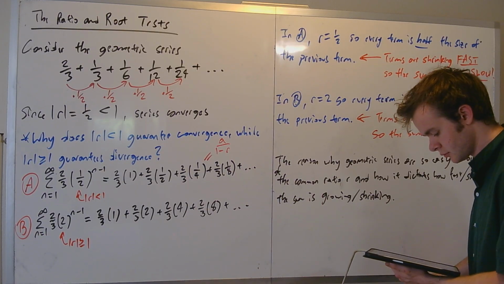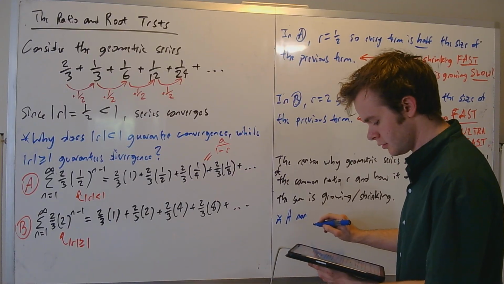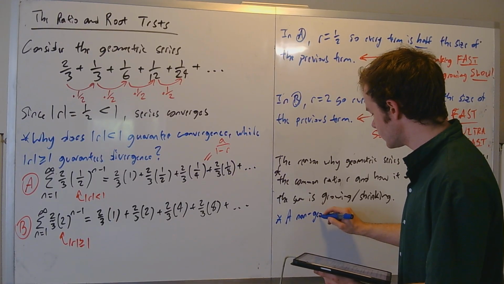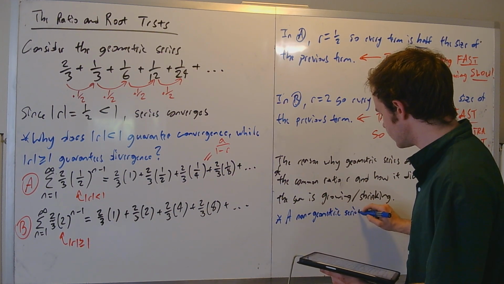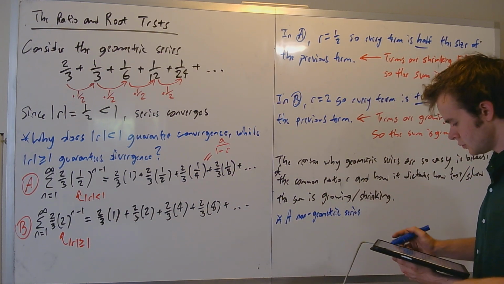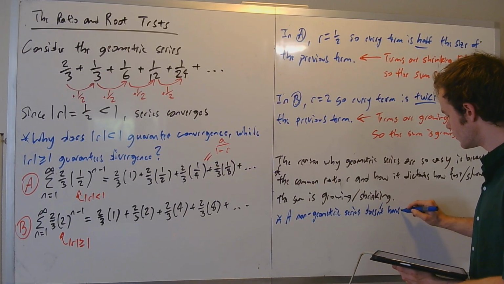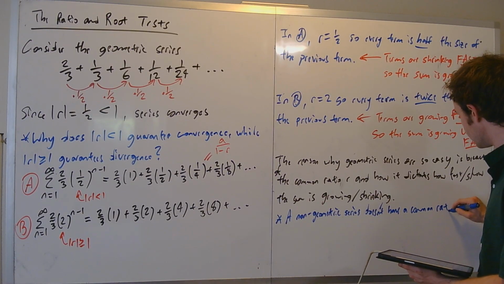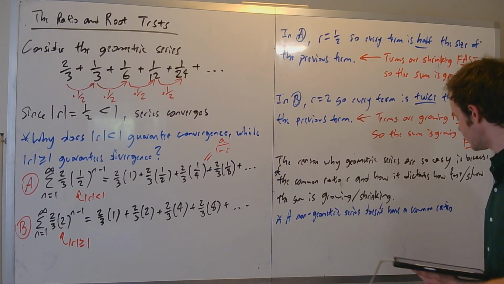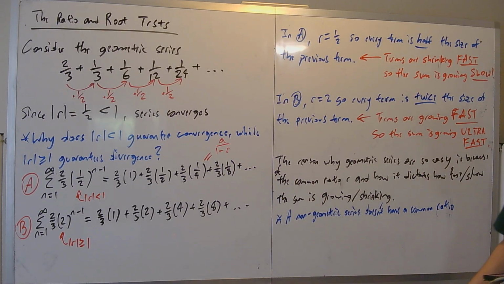So let's say here, a non-geometric series doesn't have a common ratio, right? So that's kind of bad because it doesn't have a ratio that's the same between all of the terms. So it's not quite as nice.